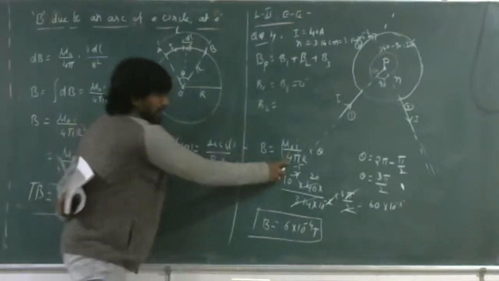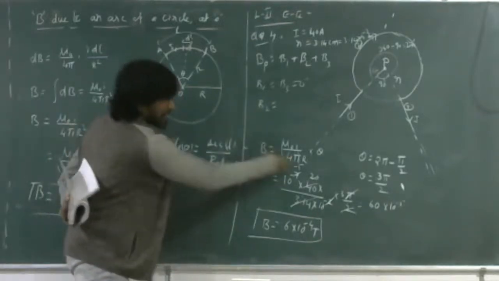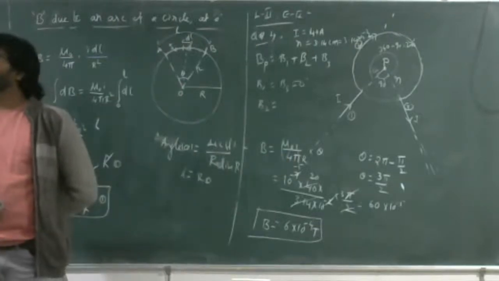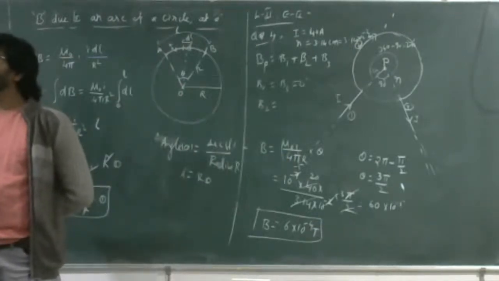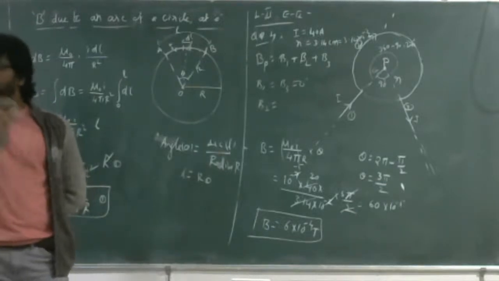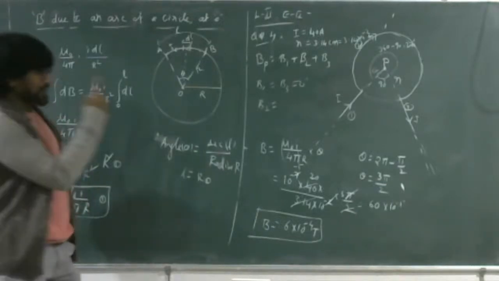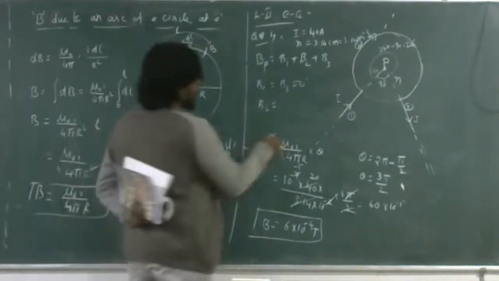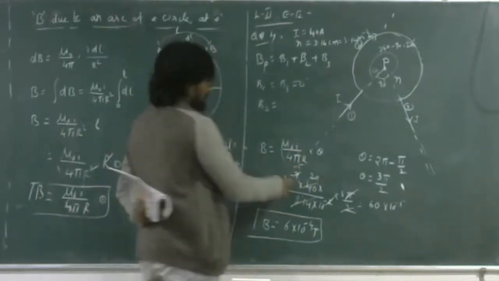This 4 pi. What I have mentioned here in the bracket, mu naught by 4 pi, the value should be 10 power minus 7. That is a constant, right? So here we can write it otherwise, because mu naught by 4 pi is 10 power minus 7.